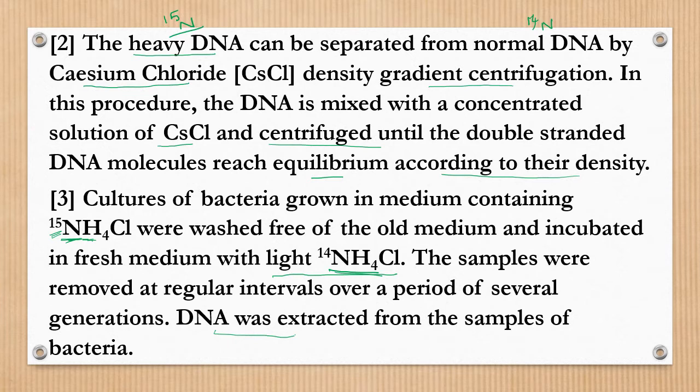So now what happens here? Bacteria again start to undergo replication in the normal medium. In normal medium, the nitrogen source is normal nitrogen, N14. Then gradually they start using the normal nitrogen N14 to synthesize the nitrogen bases.